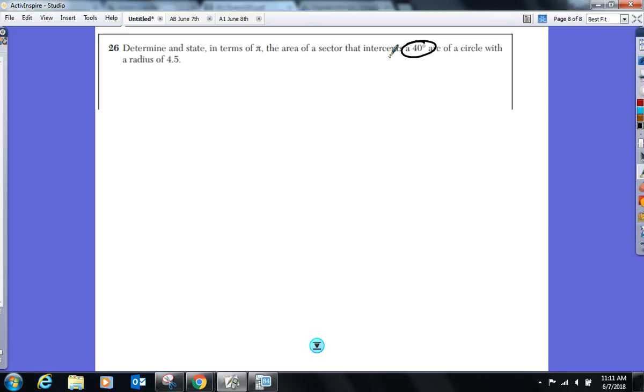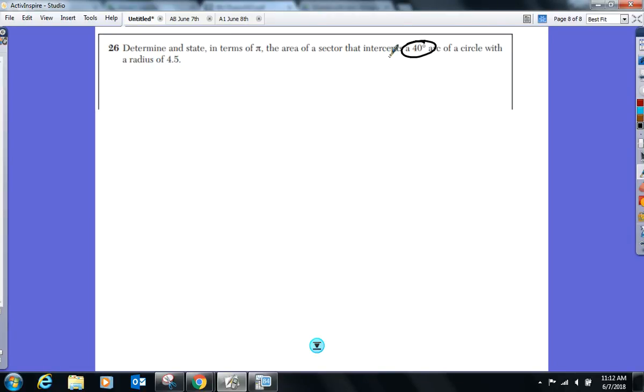I want to make sure you know where to find it in case you're studying on your own in the next couple weeks. Go to your cold hard facts packet. You have a page of circle stuff, and on the following page is area of a sector, both in radians and in degrees. Make sure it's area of a sector you're looking at, not the one next to it, which says sector length.